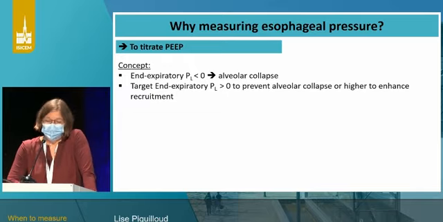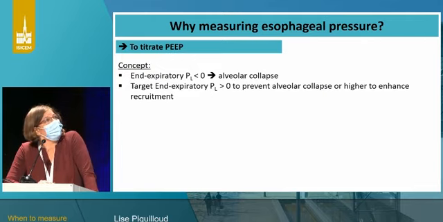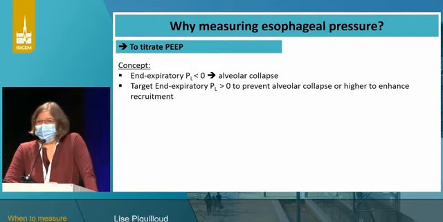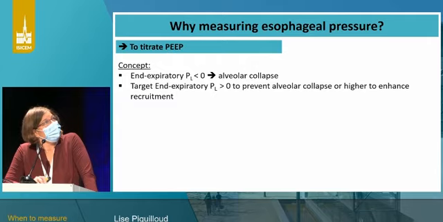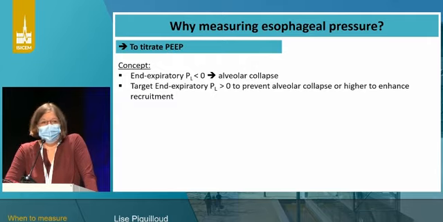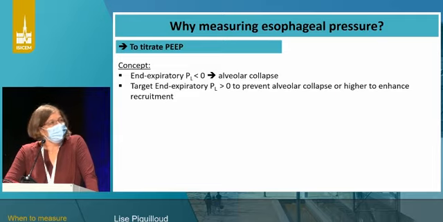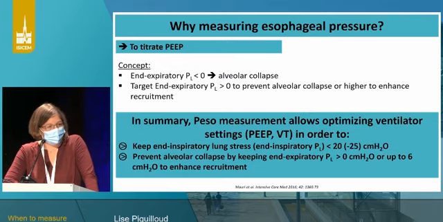The other interesting aspect of esophageal pressure is that you can use it to titrate PEEP. Basically, at end expiration, if transpulmonary pressure is lower than 0, you have collapse. If it's higher than 0, you probably have less collapse. And if you target a bit higher value, you can enhance recruitment.